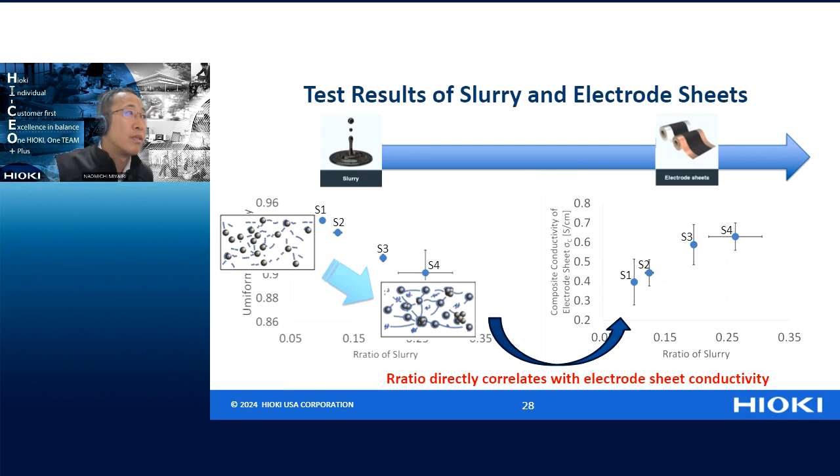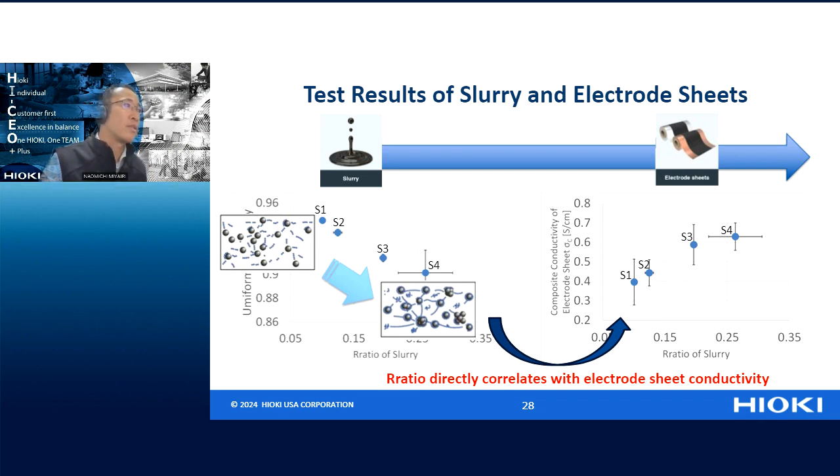So I think the question is related to this slide, and if so, conductor material. If uniformity is high, the conductor materials disperse well. But if not, an agglomeration is formed in the slurry.